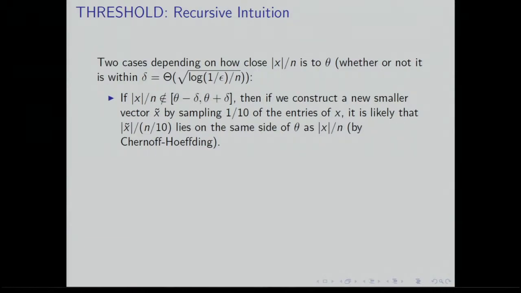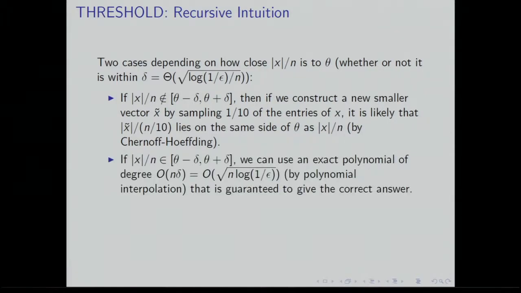By the Chernoff bound, the fraction of ones in the sampled vector lies on the same side of theta with really good probability as the original vector did. So we can sample the smaller vector and then just solve the smaller instance of the problem.